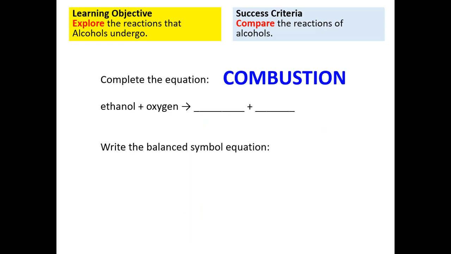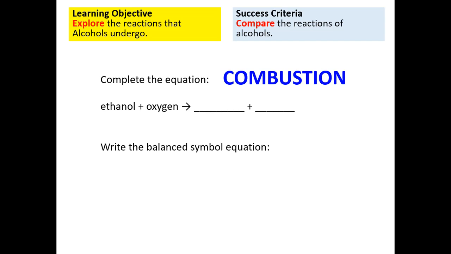So what I want you to do then is turn this into the symbol equation. So write out the example ethanol plus oxygen for the word equation and then the balanced symbol equation underneath. You might need to go back to your notes to remember the formula for ethanol. So pause the video now and answer this question.